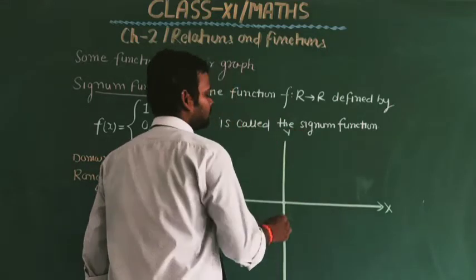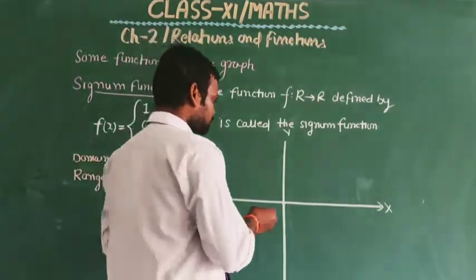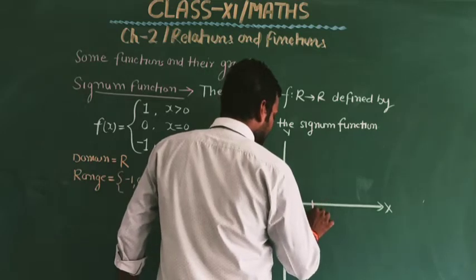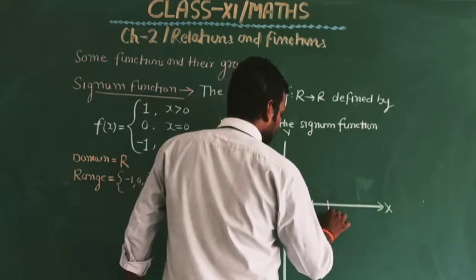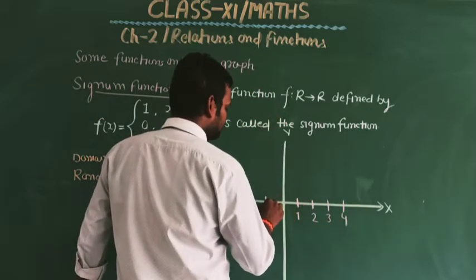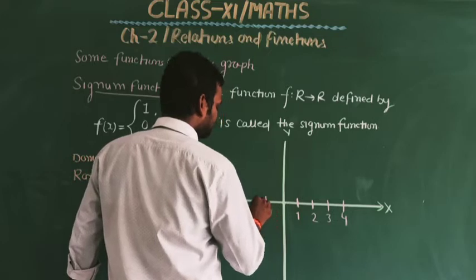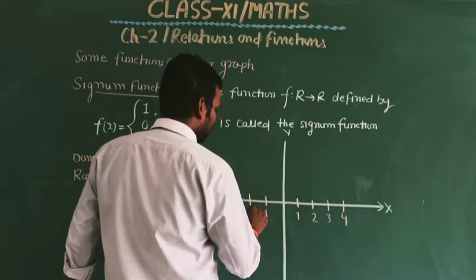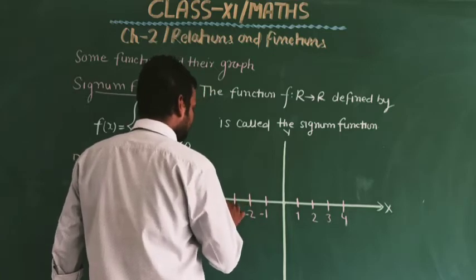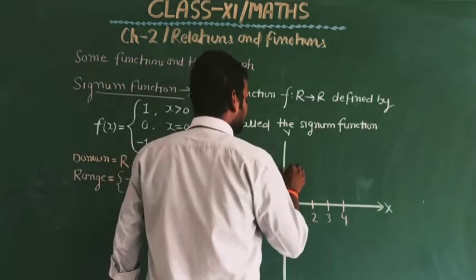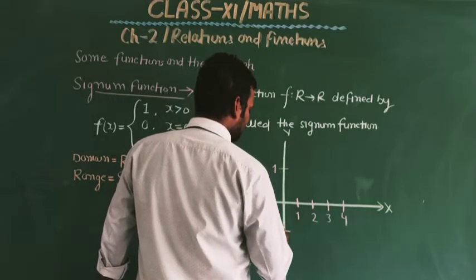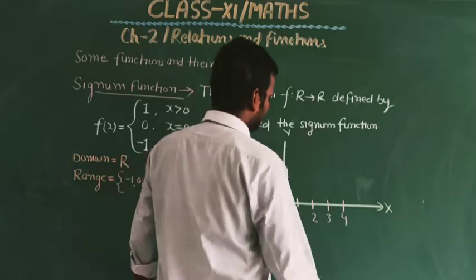This is the origin. Dividing into equal parts, this is 1, 2, 3, 4 and here is minus 1, minus 2, minus 3, minus 4 and so on. This is the value 1 on the y axis, and this is the value minus 1 on the y axis.